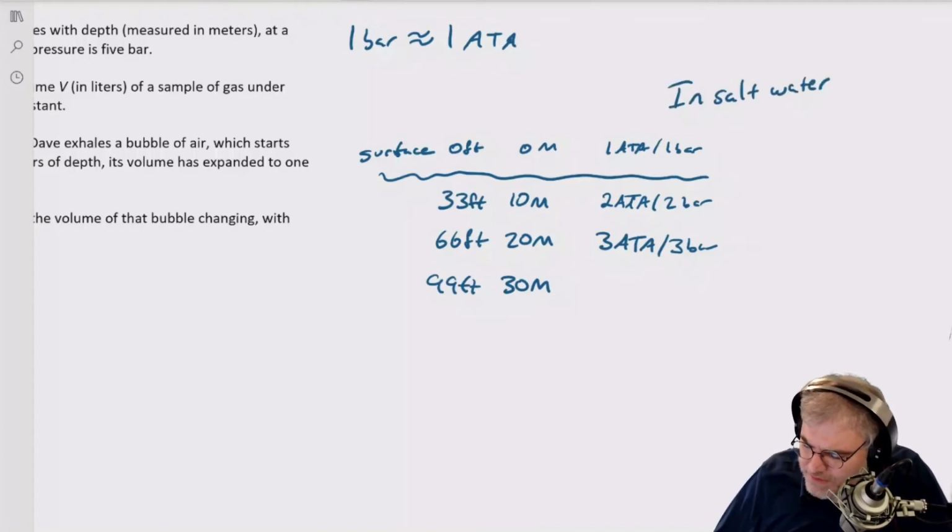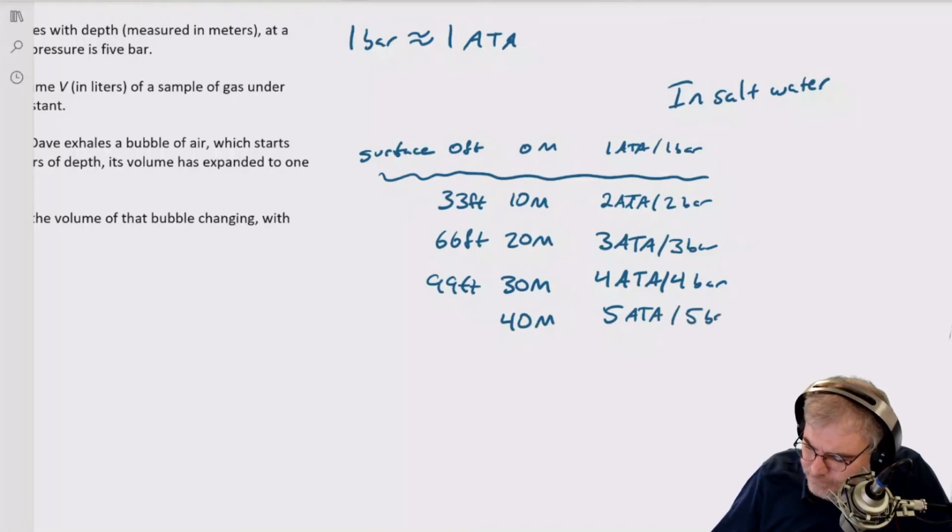In freshwater, it's a little bit different because freshwater is less dense. Specific gravity is lower. And so on and so forth. So I go down here to 40 meters and I get 5 bar. And I go down to 50 meters and I get to 6 ATA.